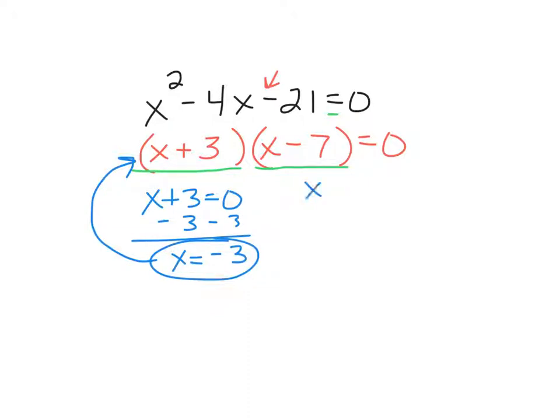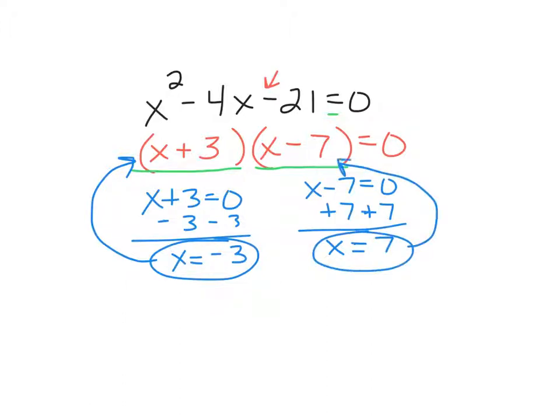If I set x minus 7 equal to 0, I'm going to add 7 to both sides. I'm going to get x is equal to 7. If x is equal to 7, x minus 7 is equal to 0. So my two answers in this case are x is equal to negative 3, and x could also be equal to 7.